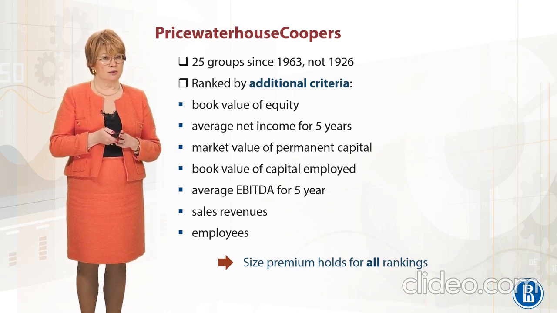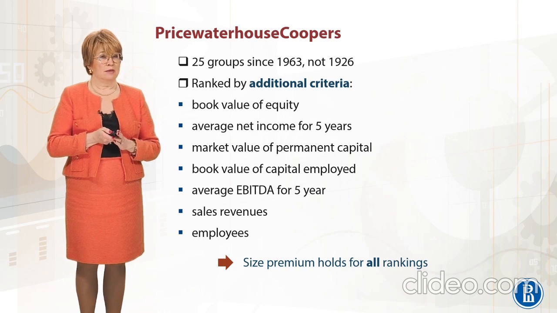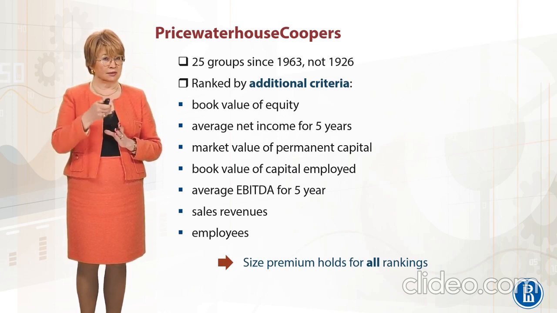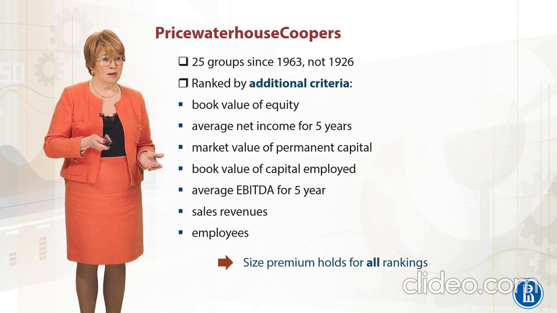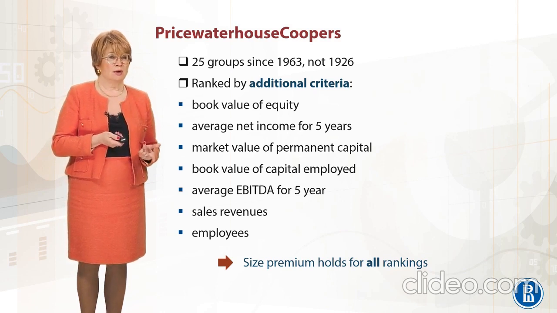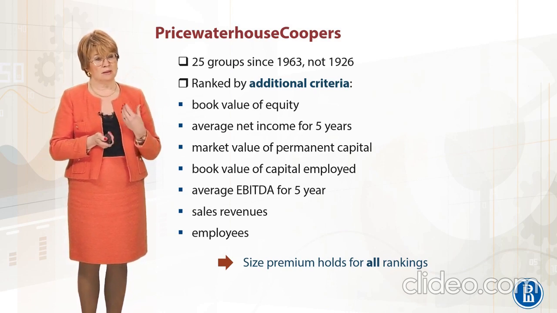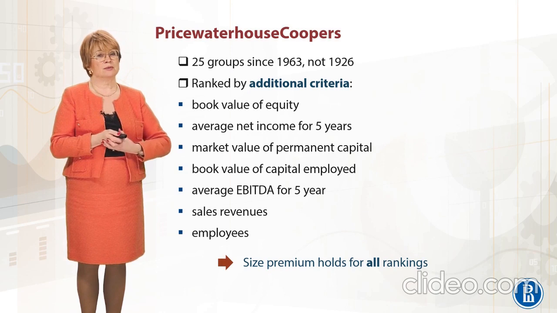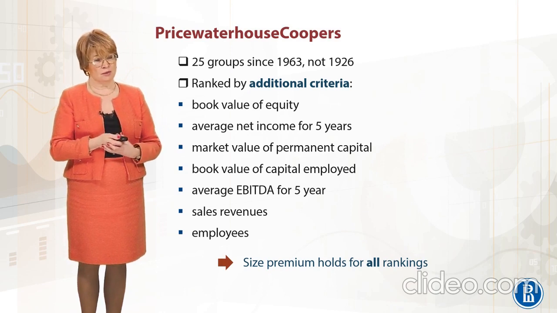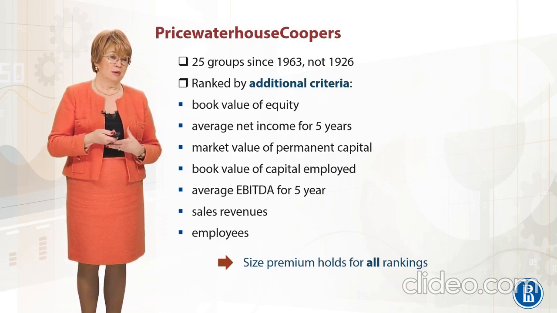So they also apply market cap, but they rank the companies also with the additional criteria listed here on that slide. And you see here book value of equity, market value of invested permanent capital, which is the sum of long-term debt capital and the equity capital. Book value of capital employed, average earnings before interest, tax, depreciation, amortization expense, which is computed for 5 years.